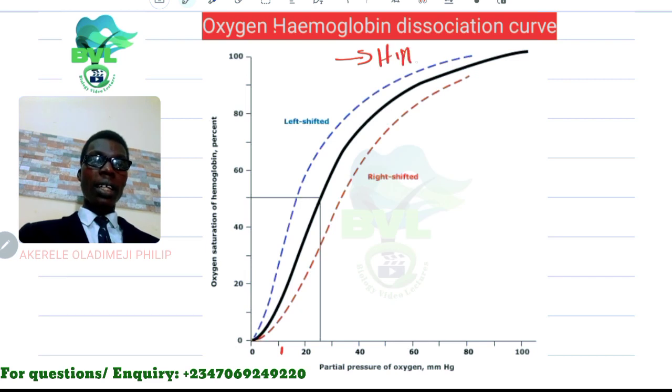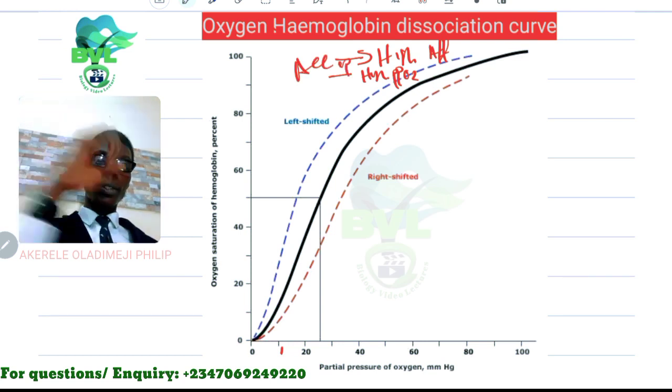Higher affinity for oxygen. That means we expect that here we have high partial pressure of oxygen. So that means hemoglobin will be accepting oxygen when it shifts to the left.